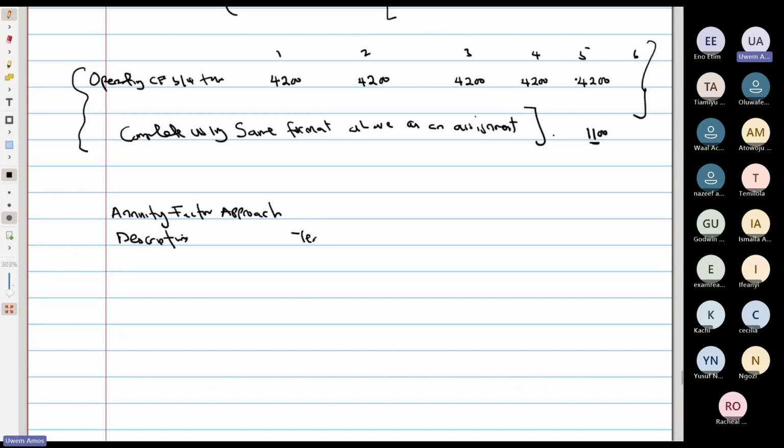We can refer to the year or the years. We can put together the net cash flow, and then our discount factor or annuity factor.